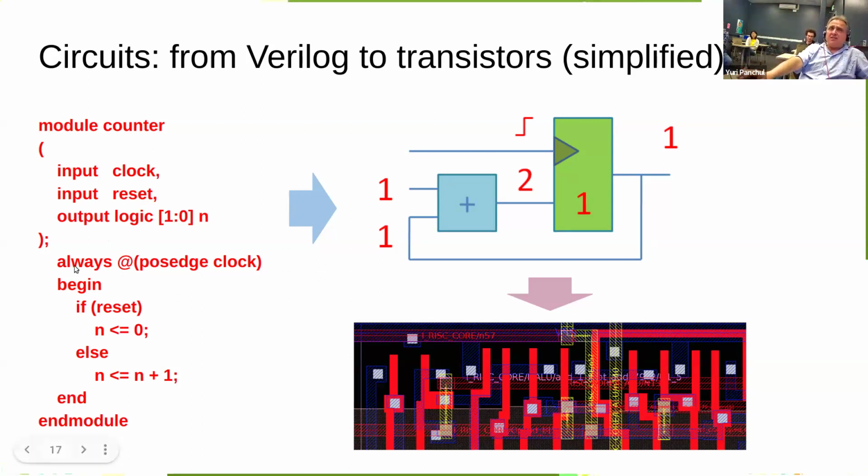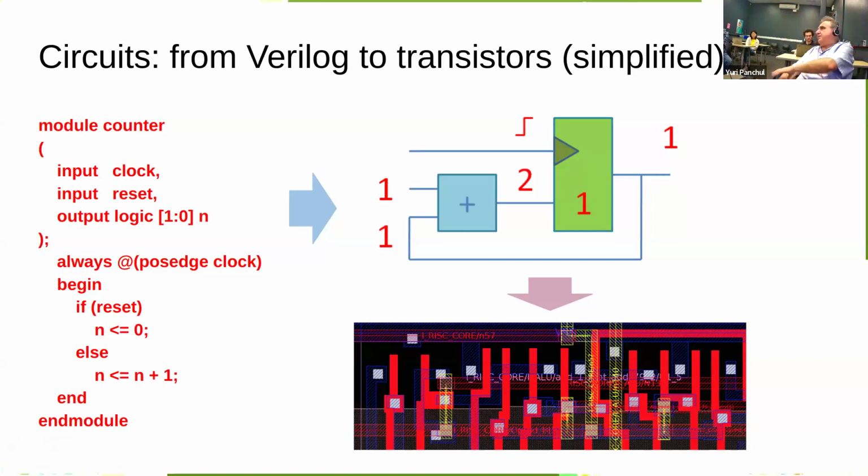Then you say that always when the clock goes from 0 to 1, up and down, then if the signal reset has high voltage, where 0 is low voltage and 1 is high voltage.